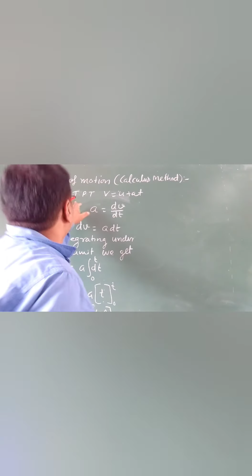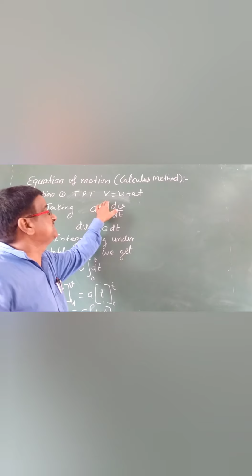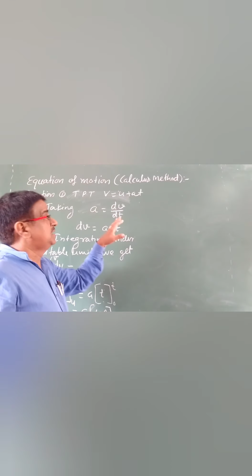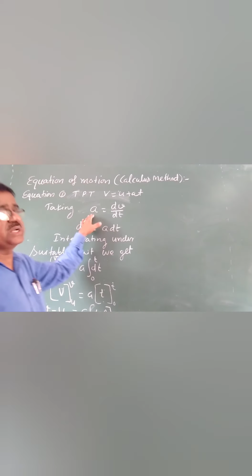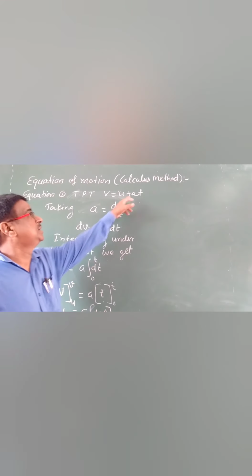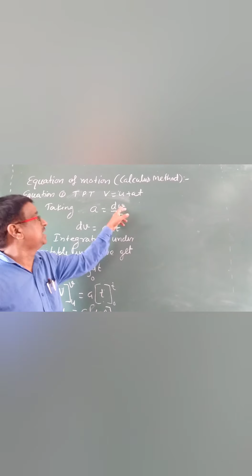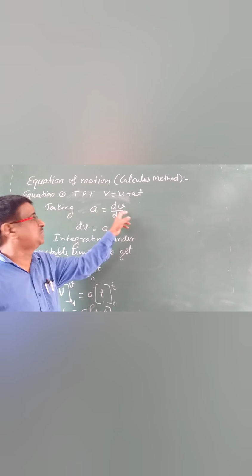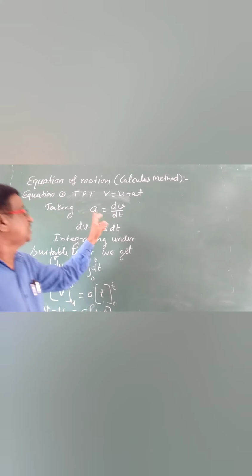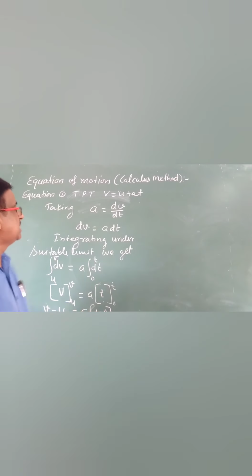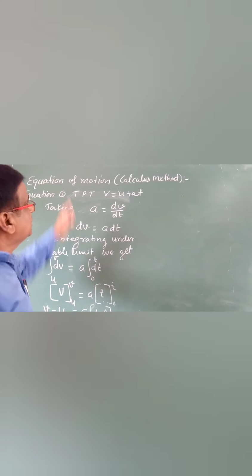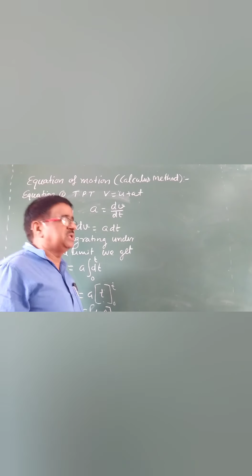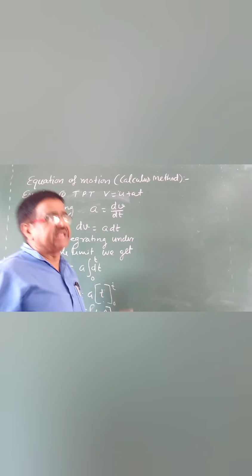Now come to the first equation to prove that v is equal to u plus at. To prove it, we will take A, acceleration, is equal to dv by dt, because this is the relation between v and A. Then we will write dv is equal to A into dt, because equation of motion is valid for constant acceleration.